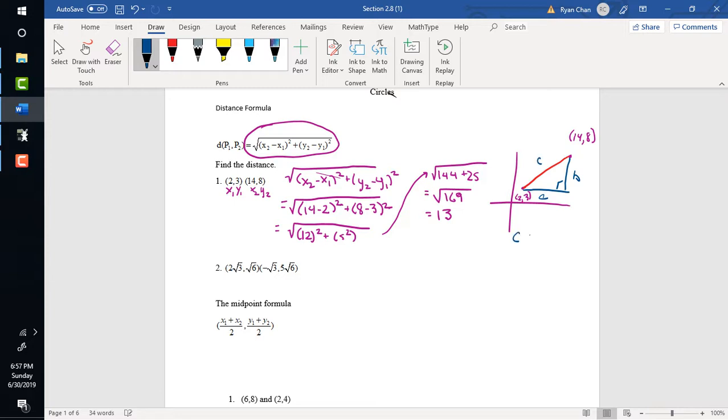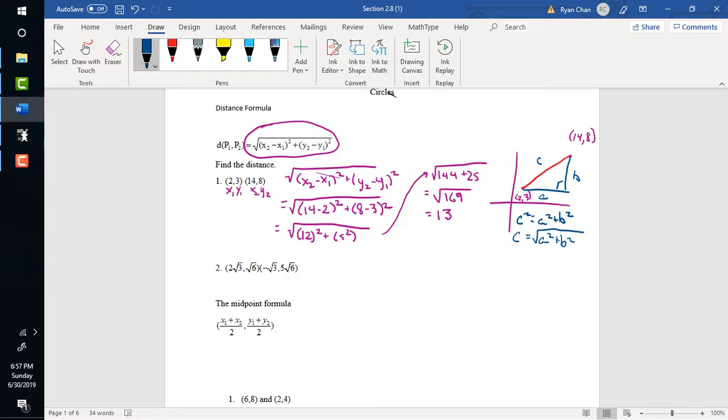So c is equal to the square root of a squared plus b squared, and I got that from c squared equals a squared plus b squared. So this is where all this comes from. My a is the difference of my x's, or x2 minus x1, and my b is the difference of my y's, or y2 minus y1. So this is just an expanded version of the Pythagorean theorem.